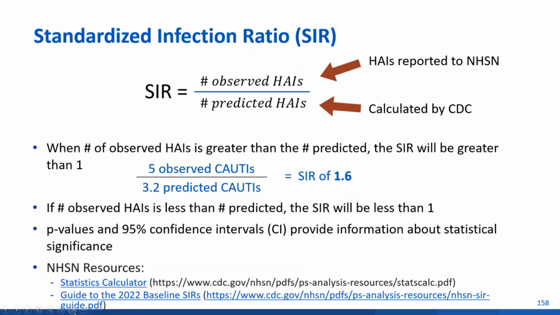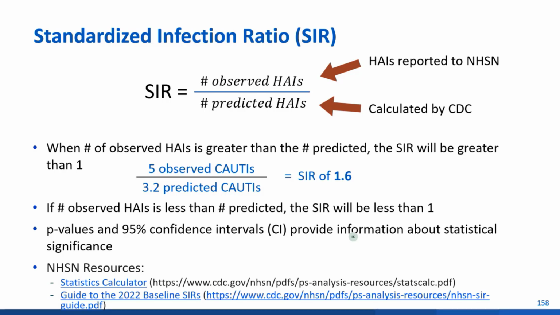The standardized infection ratio, or SIR, is a risk-adjusted summary measure for healthcare-associated infections, or HAIs. It compares your hospital to the national benchmark. It's calculated by dividing the number of observed HAI events, which is the actual number you reported to NHSN, by the predicted number of HAI events, which is calculated by us at NHSN using a predictive model.